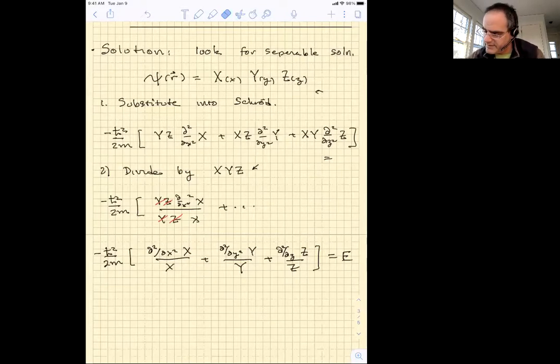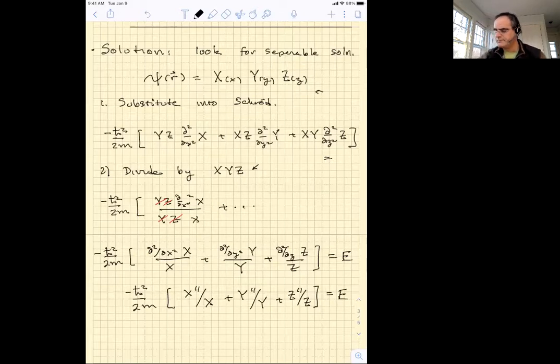Here, I'm just going to write this schematically. This looks a little messy, so let me rewrite it in the following way, just to make it easier to look at. There.